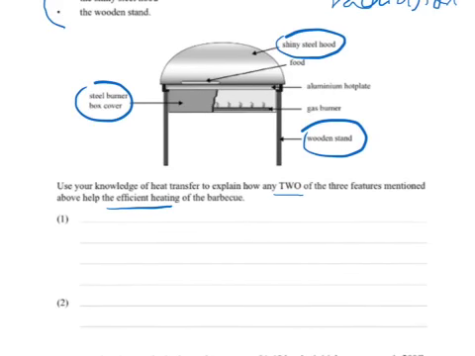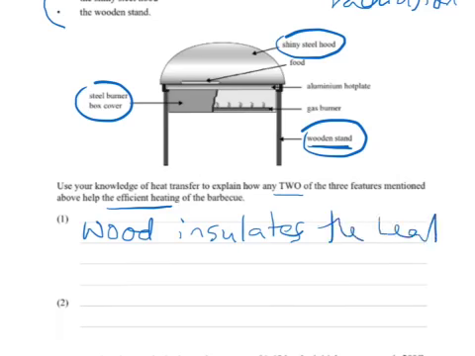The wooden frame, it's a good start. The wood is a very good heat insulator, so it stops the conduction of heat away. So we'd say the wood insulates the heat, stopping heat loss due to conduction.